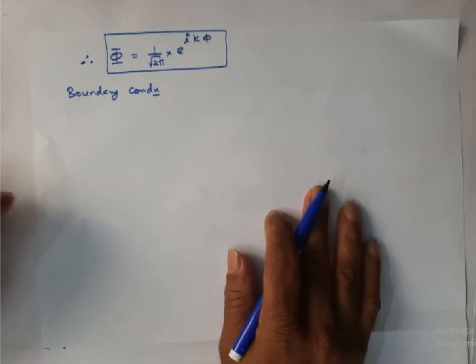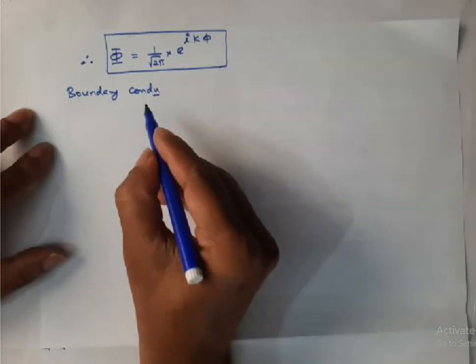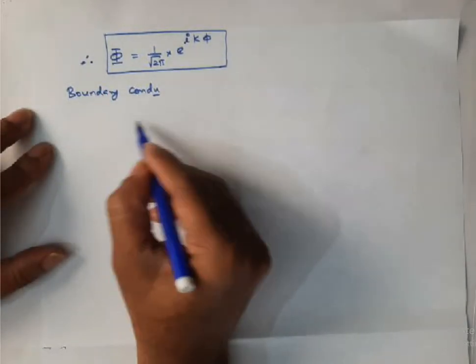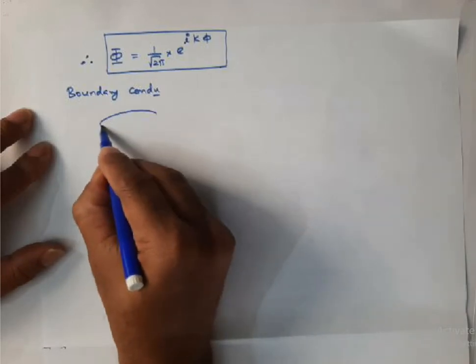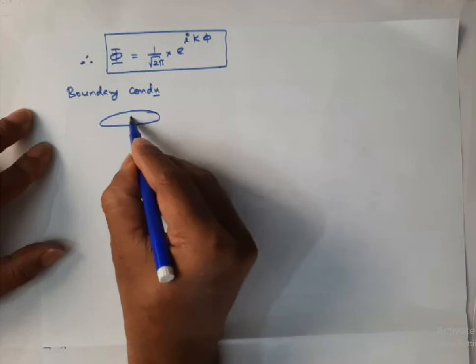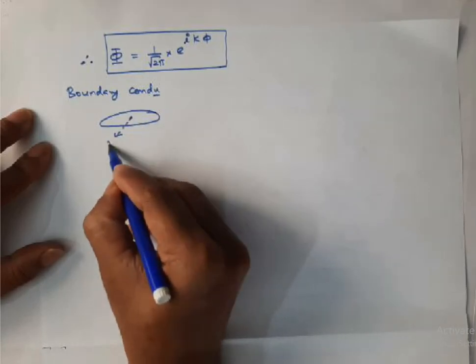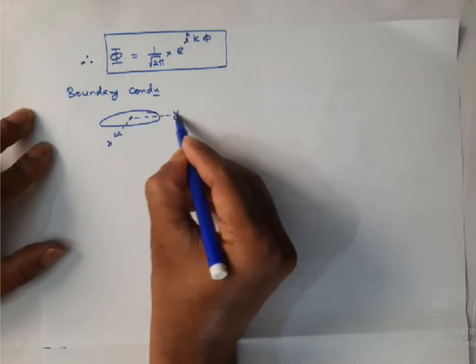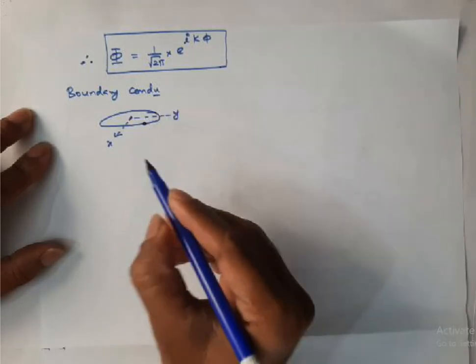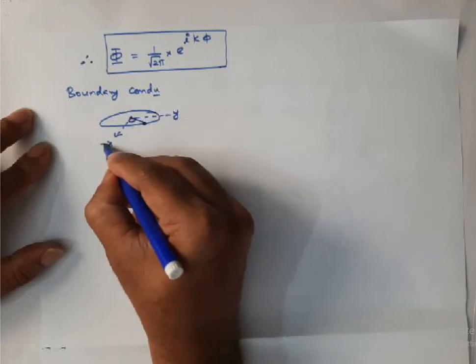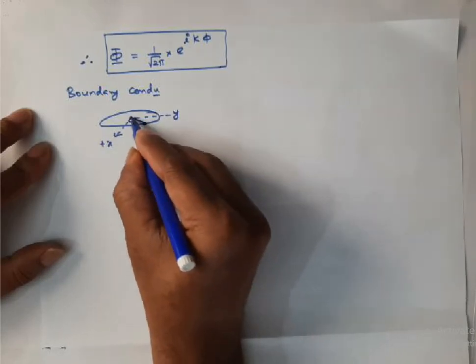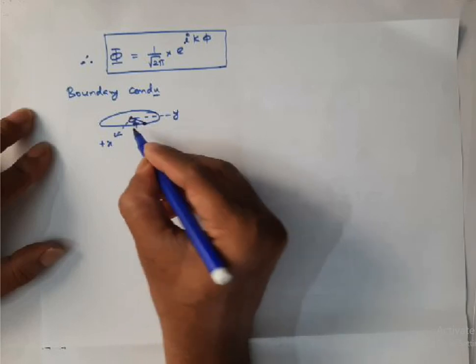The boundary condition is this. Listen, since the particle is moving on a ring, suppose assume that this is the x-axis, this is the y. Suppose the particle is here, and the angle between the positive x-axis and the line joining the particle is phi.